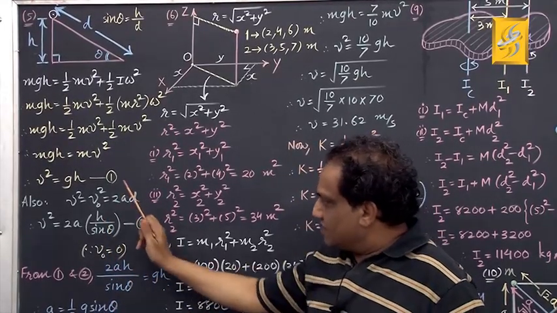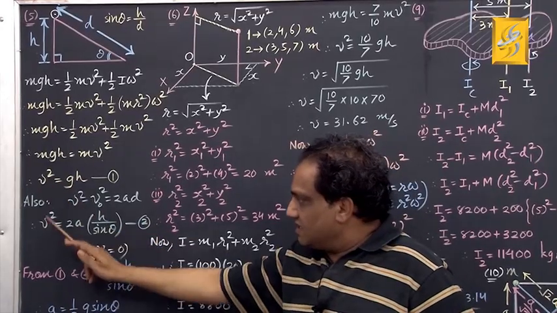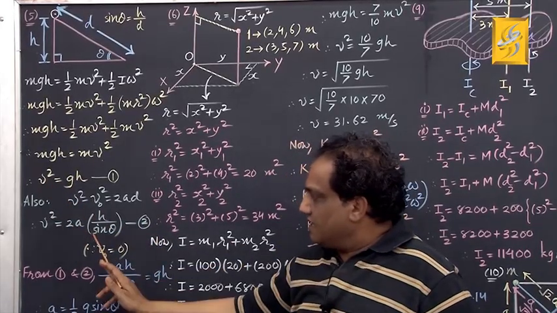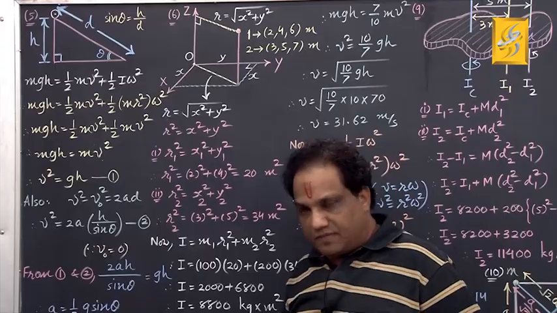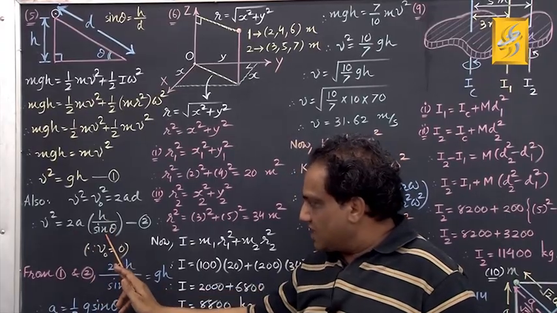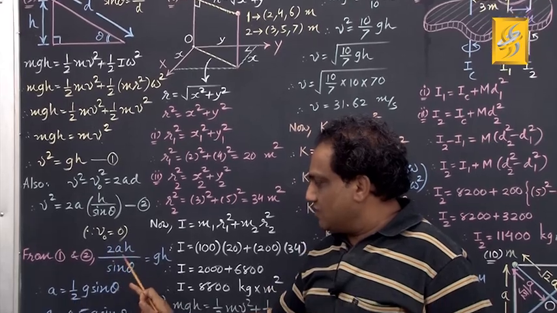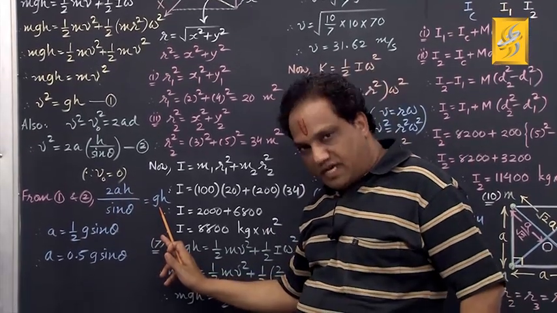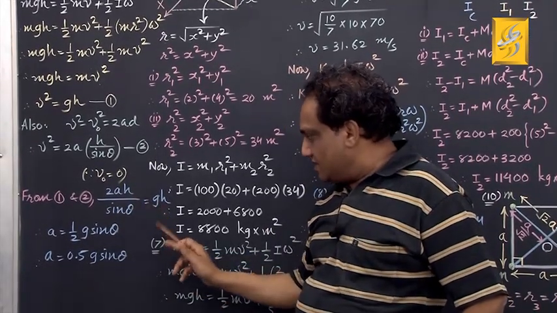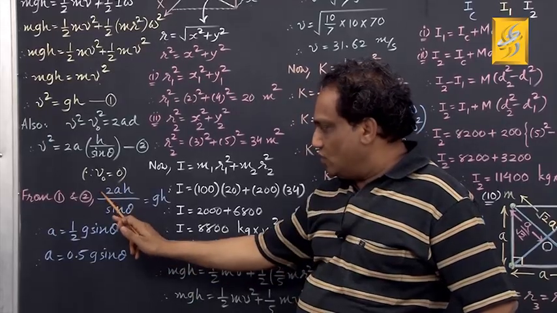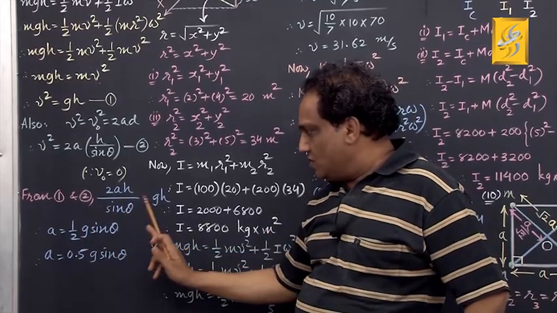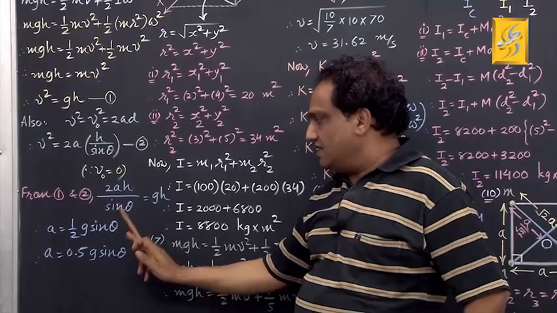Now compare equations 1 and 2. Left hand sides are same, so right hand sides must be same. So 2ah upon sin theta should be equal to gh. h will get cancelled. Find out a. 2 will come down, so it is 1 by 2, g is there and sin theta will go up.